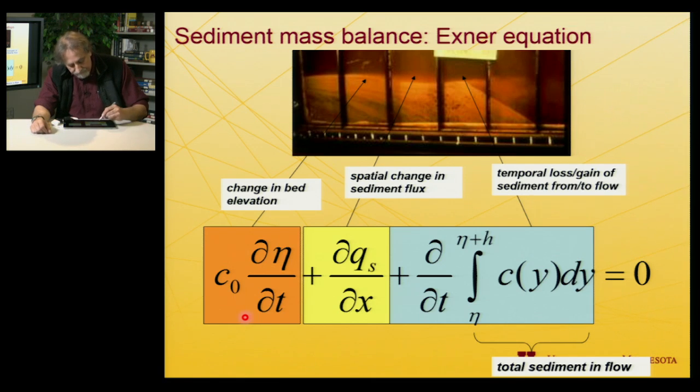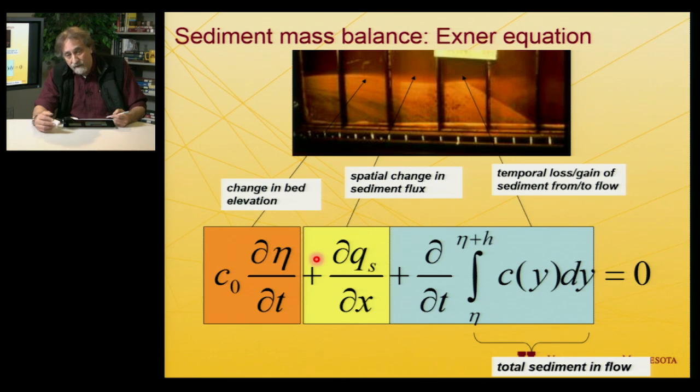And you can see that if we ignore for the moment any changes in storage of sediment in the moving sediment, the transport system, in order for the bed to deposit, this dqs/dx has to be positive. In other words, you're putting more sediment into some location on the bed than you're taking out, and dqs/dx is negative.